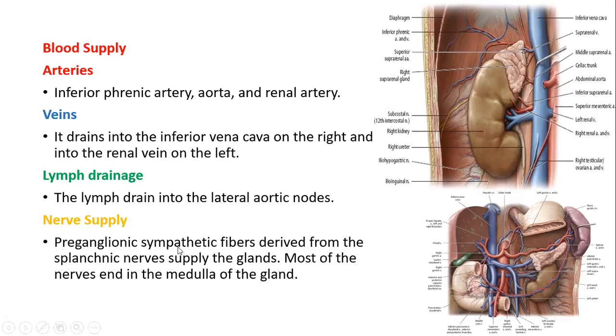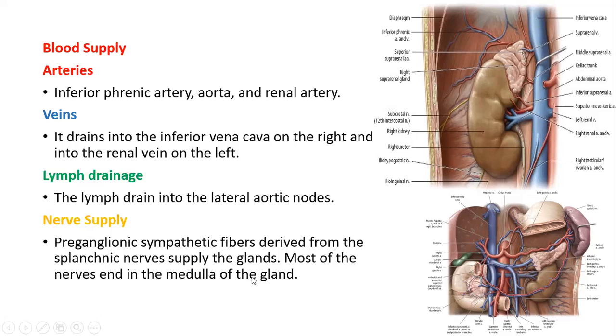Because these preganglionic sympathetic fibers directly end in the medulla. So the postganglionic fibers are actually the medulla, which are forming the medulla. Later you'll see during the development how the postganglionic fibers have themselves modified into medulla. So this is very unique for the suprarenal gland, that it is supplied by the preganglionic fibers. Preganglionic fibers are before any ganglion, and postganglionic fibers are those coming from the ganglion.